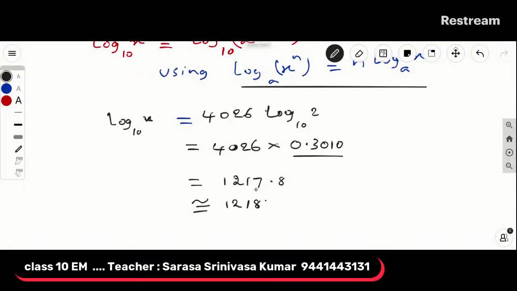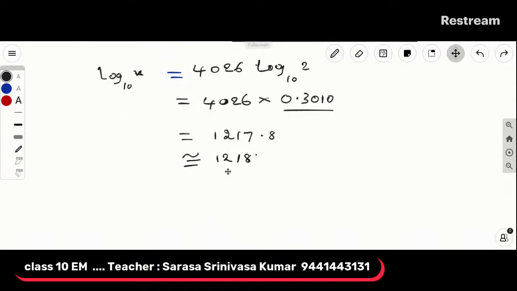So after simplification, we get this is equal to 1218. So finally, we got log x to the base 10 equal to 1218.